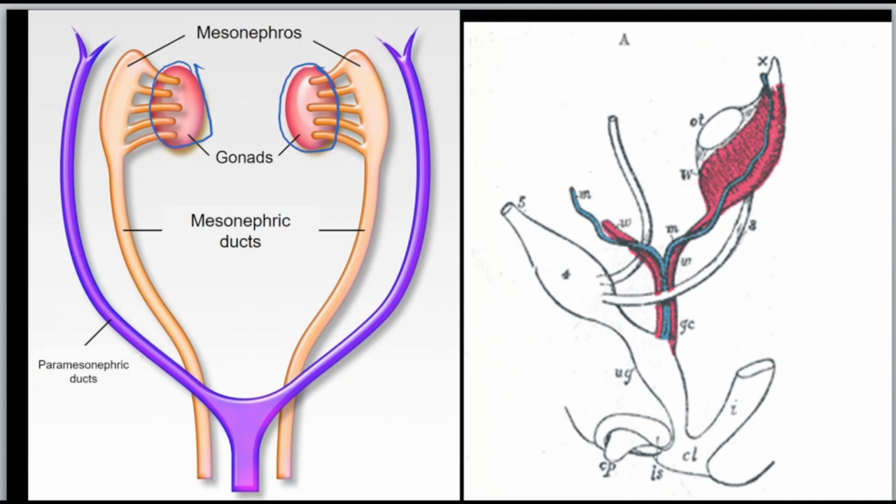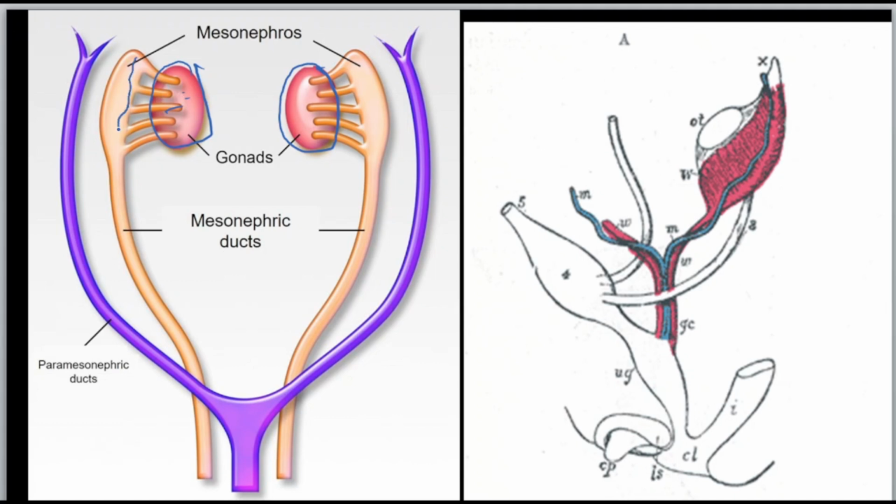But if the genetic chromosome is XX, it gives rise to ovary, or if it is XY, then this indifferent gonad develops into testis.